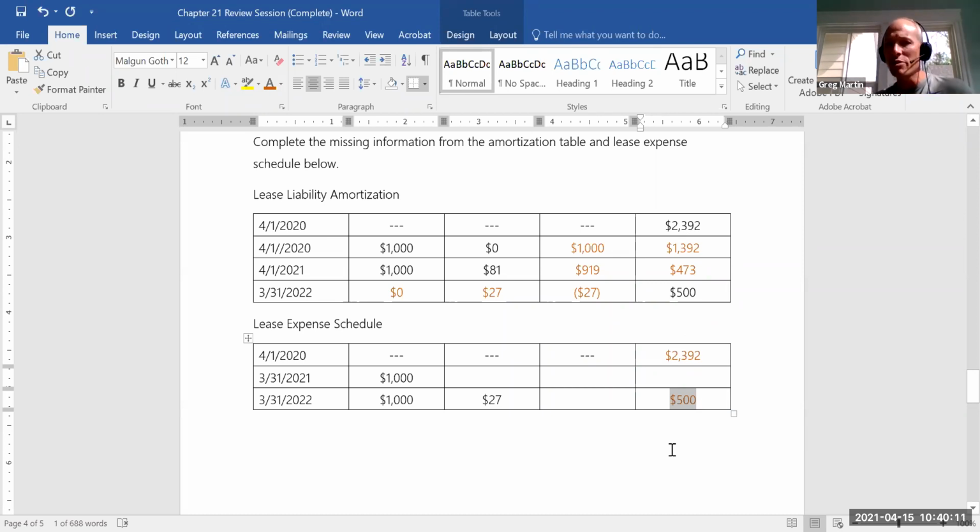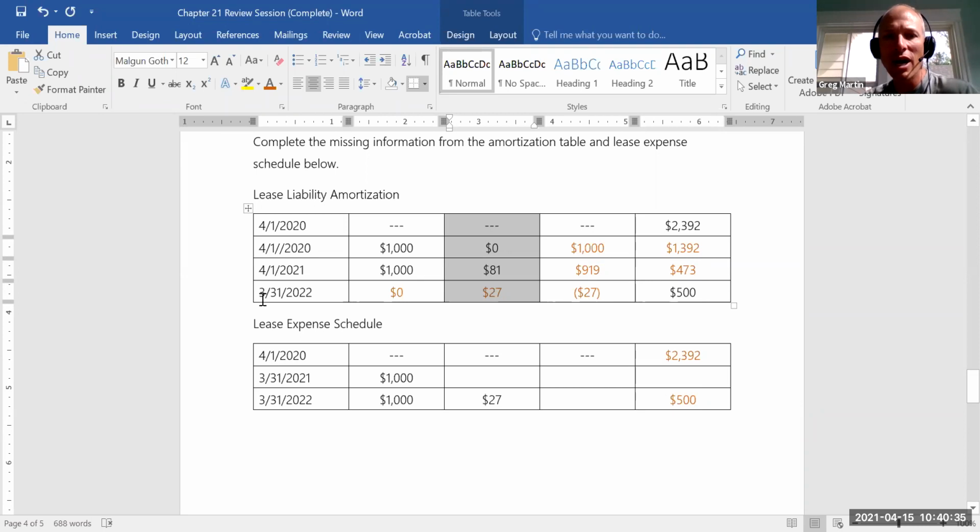So whenever you have the lease expense schedule and lease liability amortization table, they both begin and end with the same amounts. Now, the second piece that's really important is that this inferred interest is the mechanism that connects the two tables together. And so we have to think about dates.